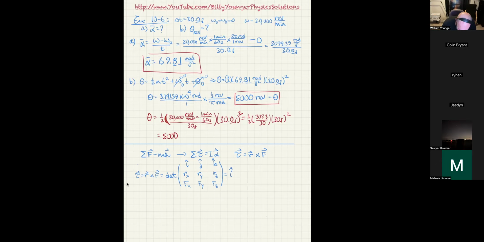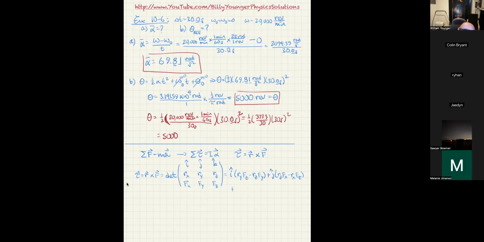When I have the i hat, what I get is RyFz minus RzFy. And when I have the j hat, in this case, I have RzFx minus RxFz.